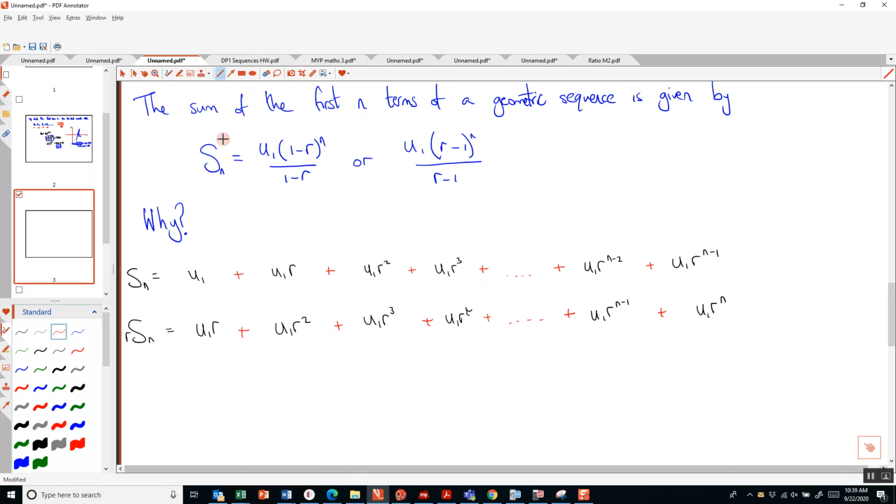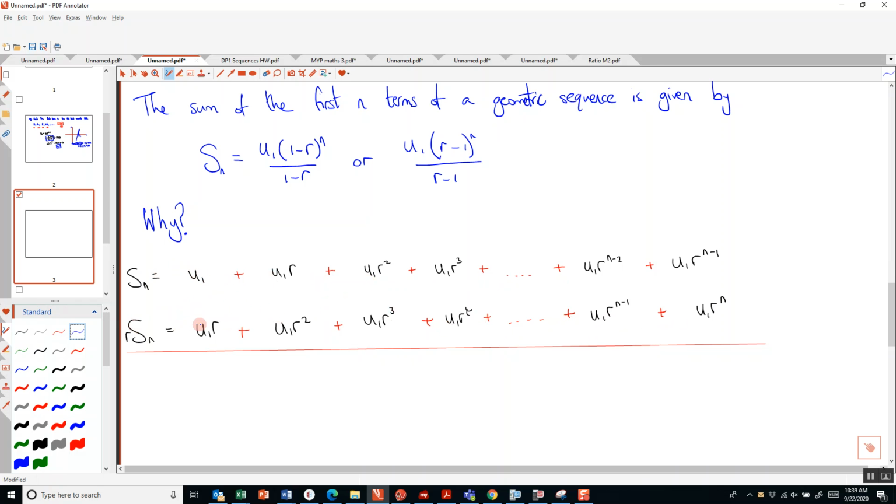So what do you want to do next? Divide it all by... No, why would we do that? Take the same thing out, maybe u1. Think about it, look at this line, and then look at this line.